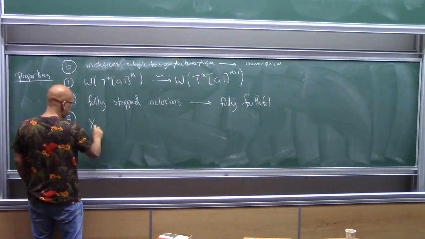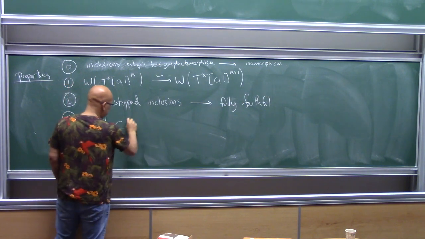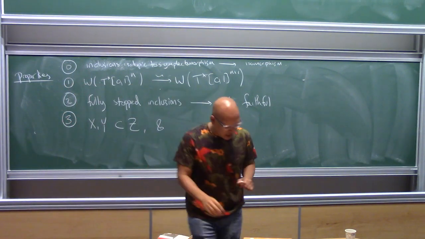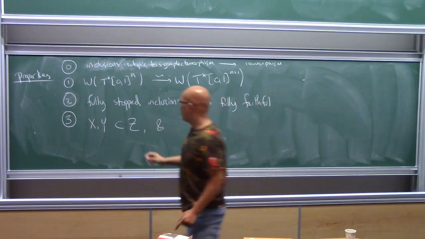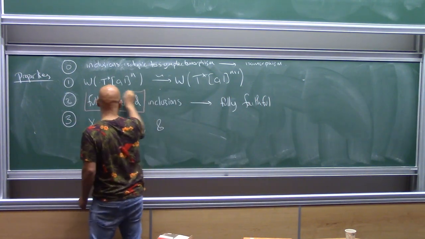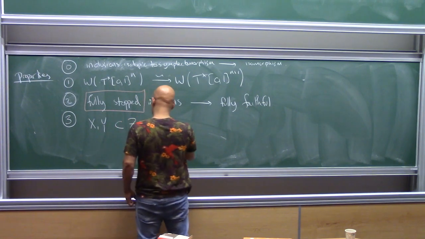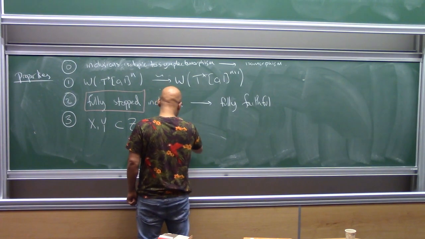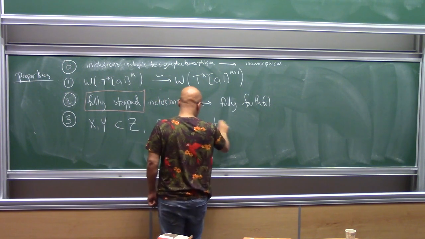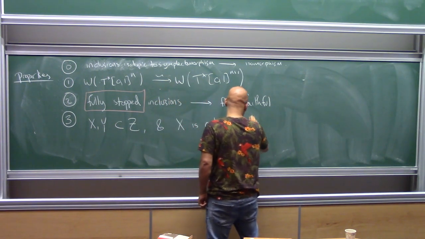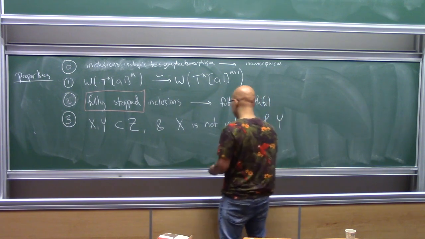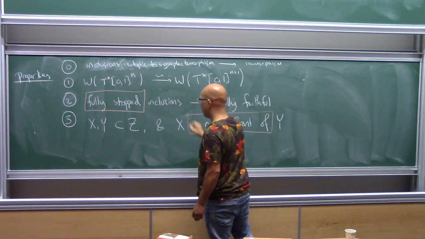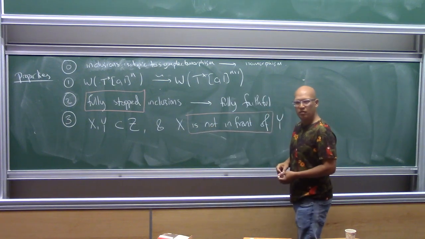is that if I have X, Y subsectors of Z, and I'm going to have to explain some terms, and so I'm going to outline that. If I have subsectors of Z, and X is what I'm going to call not in front of Y. What is the meaning of sector?